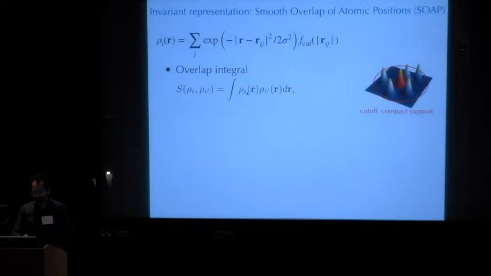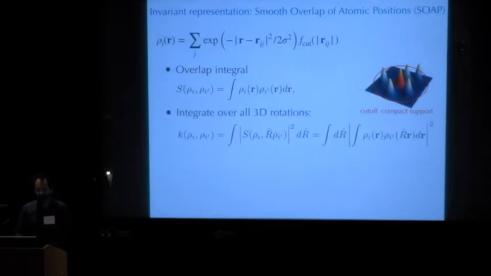But we also want to solve rotational invariance. And we're going to do that by integrating the square of this overlap over all possible rotations. So this dR hat is an integral over one of the environments over all possible rotations as we multiply and integrate.